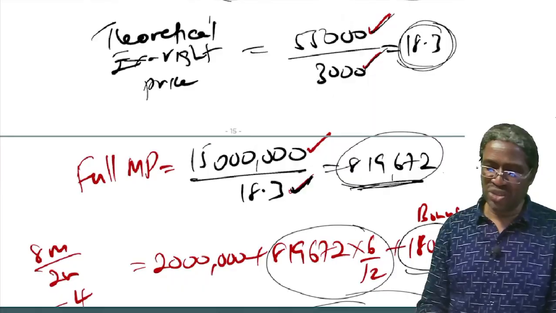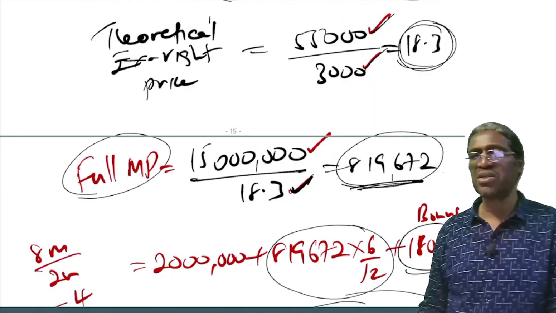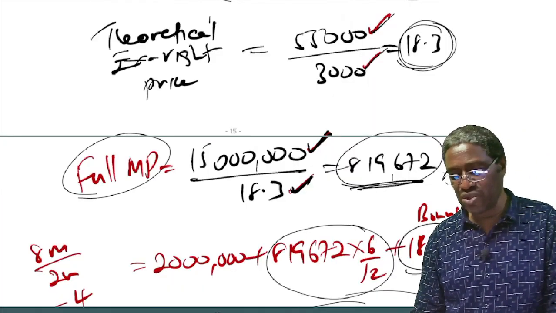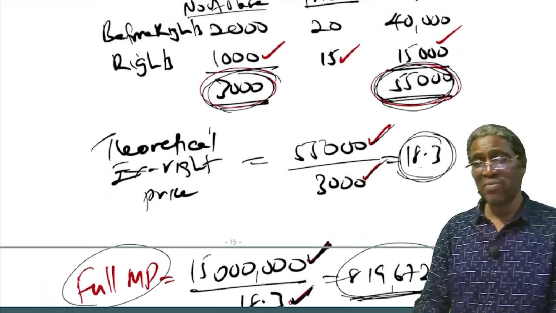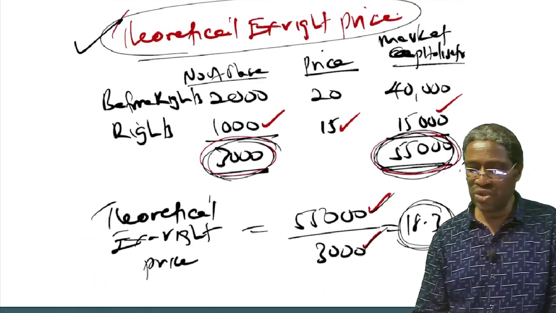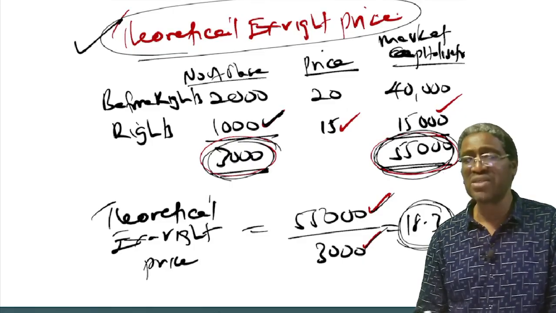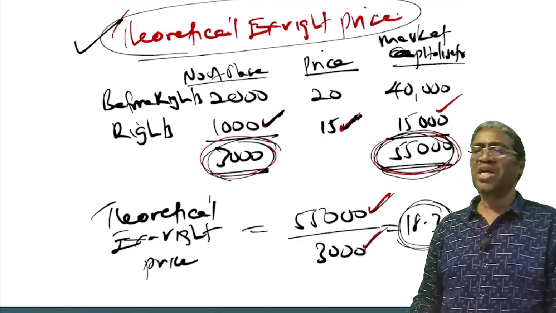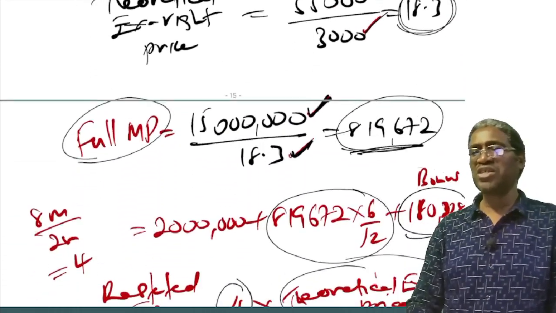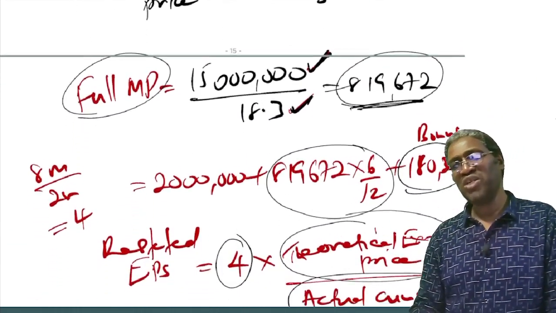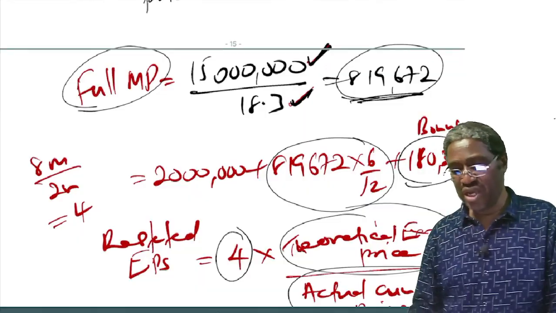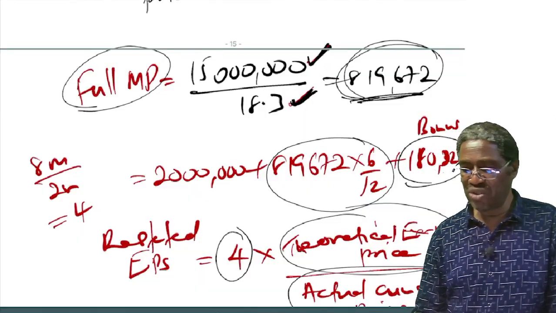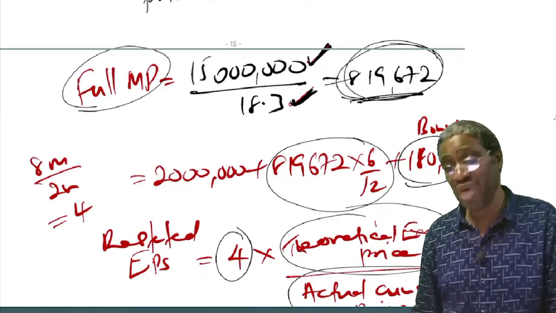Then to get the number of shares deemed to be issued at full market price, you divide the amount received from the rights issue, which was 15 million. Don't forget that 15 million came in because 1 million shares is what we issued at a price of 15 per share. That gave us 15 million. So that's how we got the 15 million. We divide that by the theoretical ex-right price. That will give you the number of shares deemed to be issued at full market price.